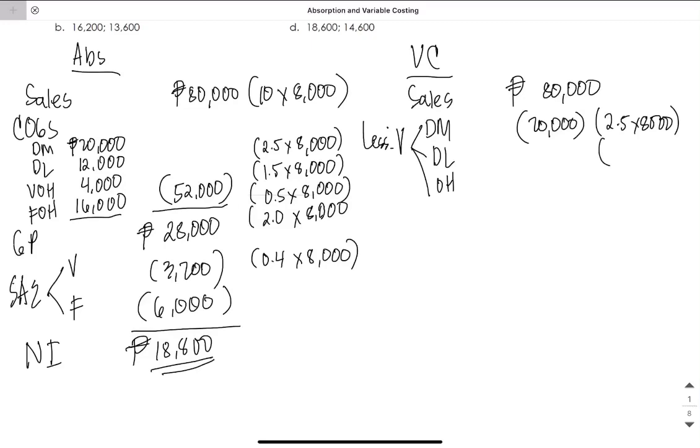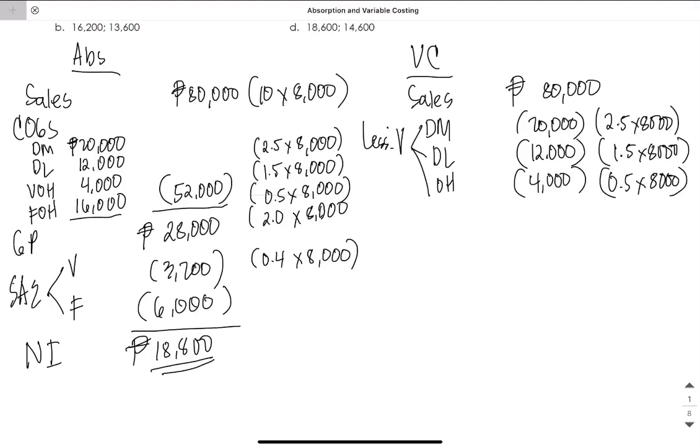Then for direct labor, this is 1.5 times 8,000, so this is 12,000. And then for variable overhead, same again, 50 cents times 8,000, so this is 4,000.